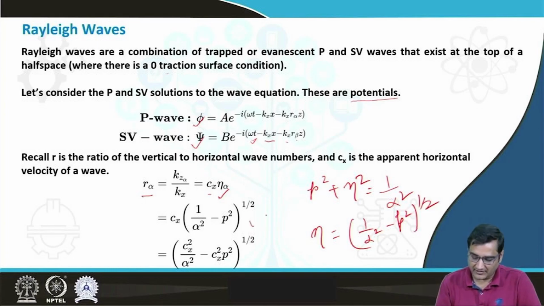That is what is written here, and then we can take this cx into the bracket, and it will become (cx square by alpha square minus cx square p square) to the power 1 by 2. This cx into p will be equal to 1 because p is equal to 1 by cx.